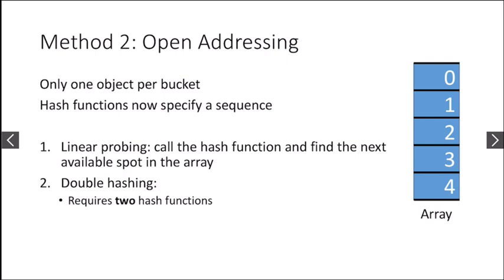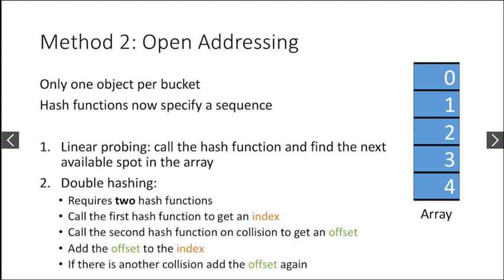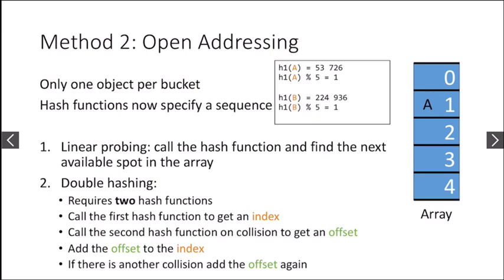It requires two hash functions. You call the first function to get an index, and then you call the second function on a collision to get an offset. And then you add the offset to the index. If you have another collision, then you just try the offset again. So let's put A in there. B maps to the same spot.